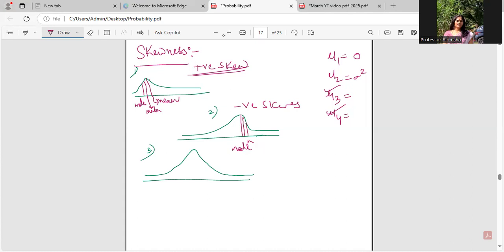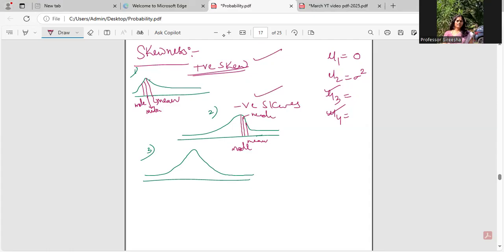Median lies between mode and mean. Of course, in both cases, median lies between mode and mean only. But in the second case, mode is maximum and mean is minimum. In the first case, mode is minimum and mean is maximum. In such cases, you call it positively skewed or negatively skewed.